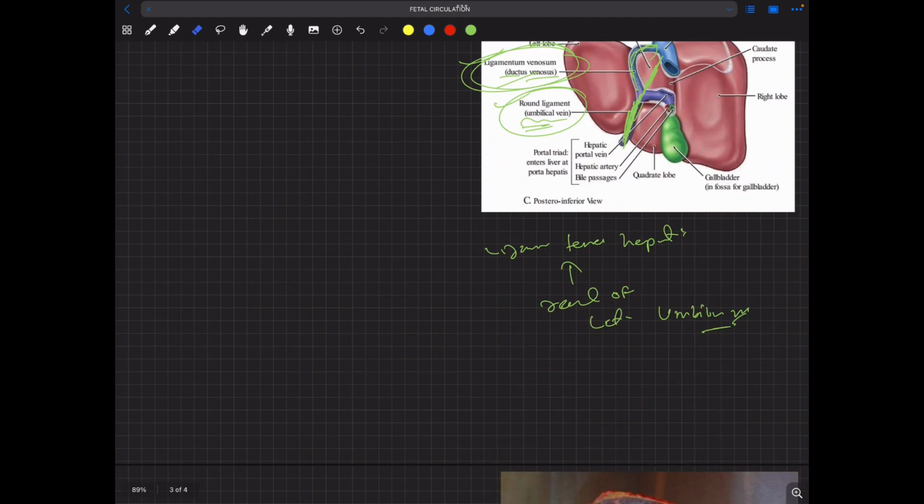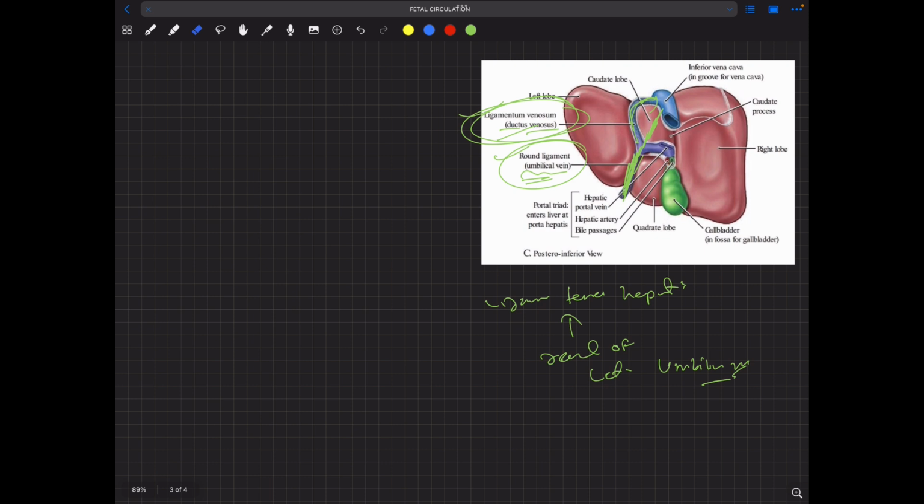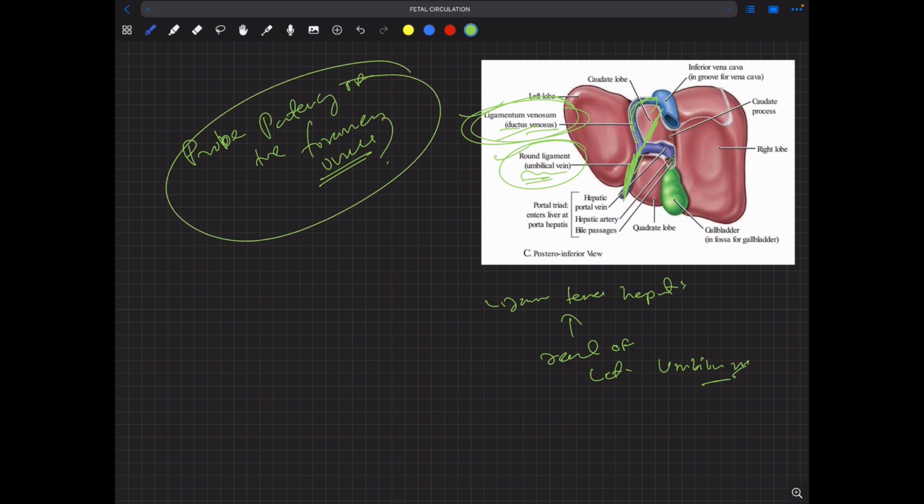Now, in 20% of people there is a gap between septum primum and septum secundum. There is failure of closure of the foramen ovale. That is called probe patency of the foramen ovale.